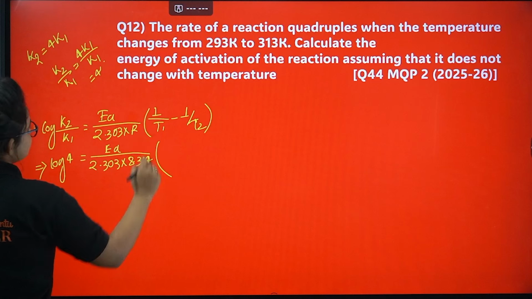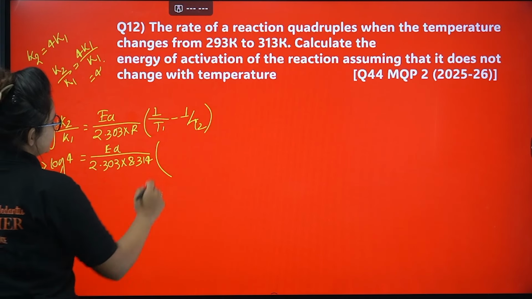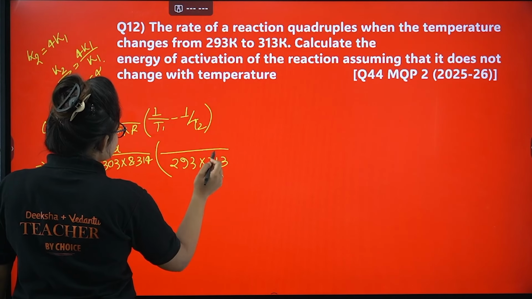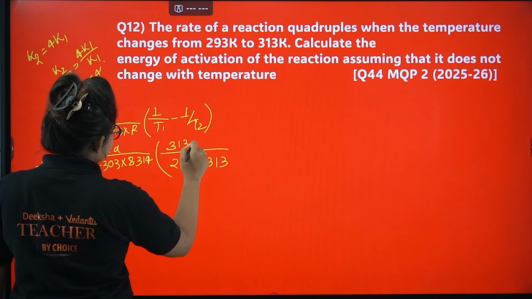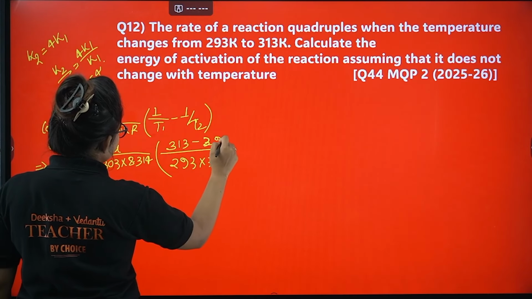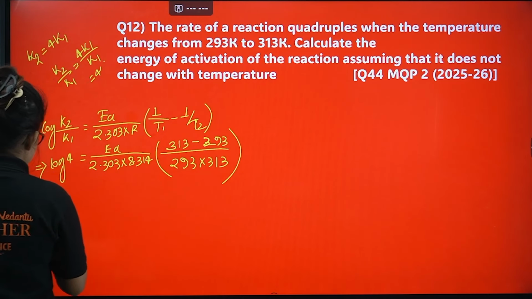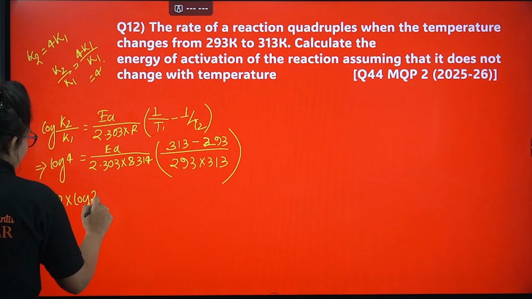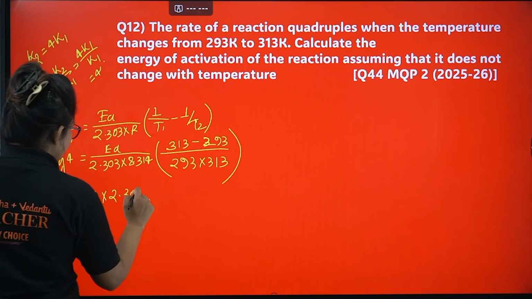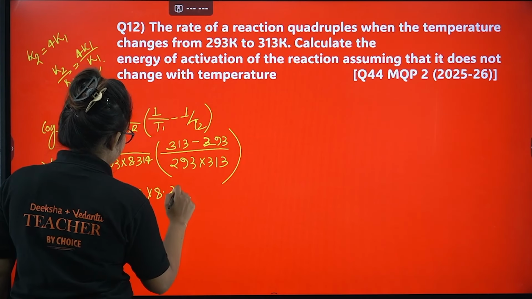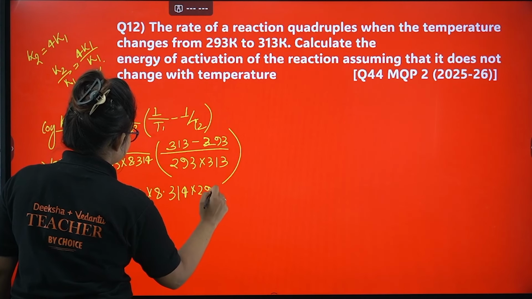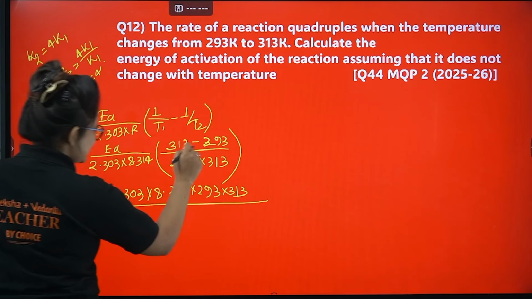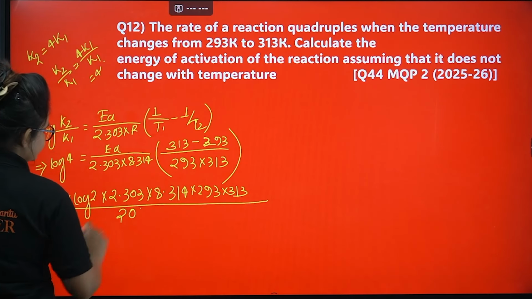Here T1 is basically how much? 293 Kelvin. So 293 into 313, and here 313 minus 293. Okay, so if I just simplify the calculation, 2 into 2.303 into 8.314 into 293 into 313 divided by, that's going to be 20, right?